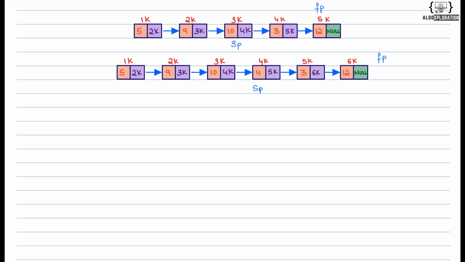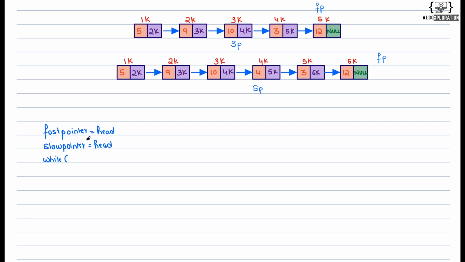Initially, there will be a fast pointer whose initial value is head, and a slow pointer whose initial value is also head. Now we will have a while loop.